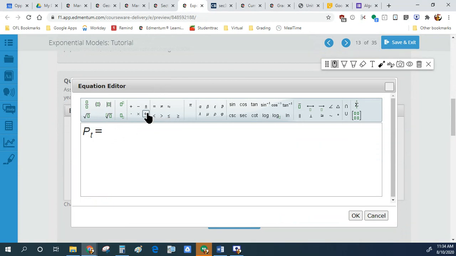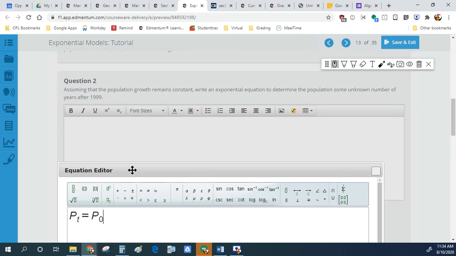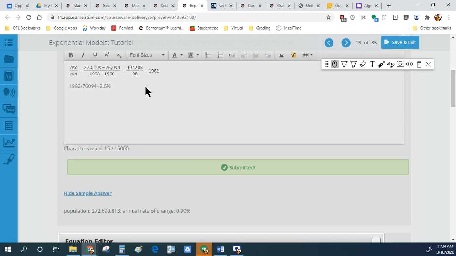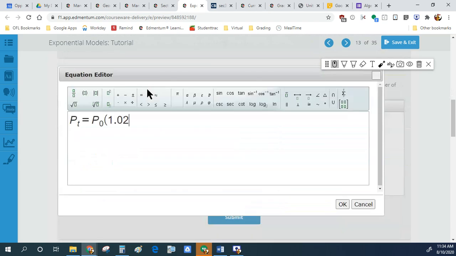So P naught first, and then our rate of change. Do they want continuous growth? The population growth remains constant, a number of years after that. So E, I'm going to assume they want it as a regular growth because they didn't really tell us.